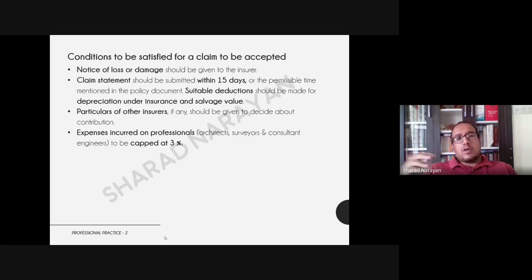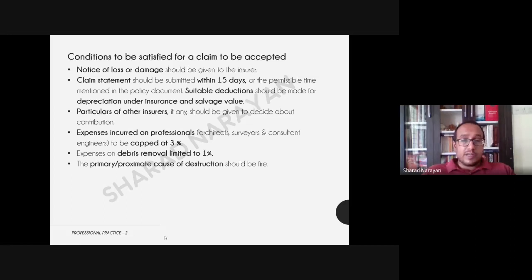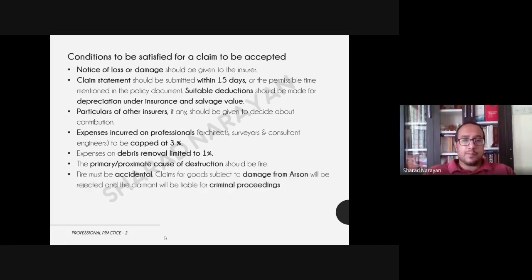Expenses on debris removal are limited to 1%, over and above the amount for which you have been insured. And in the case of fire insurance, the primary or the proximate cause of destruction should be fire.